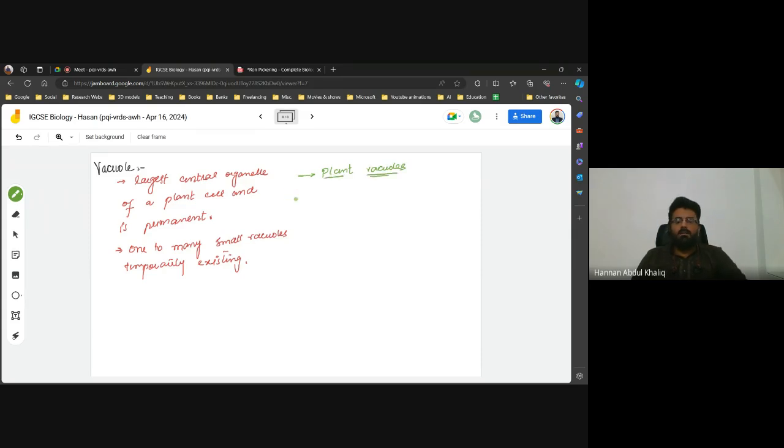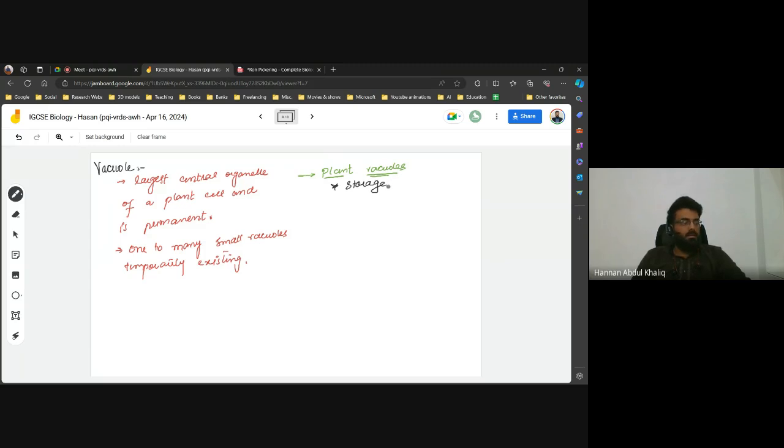As I have told you, they are the largest and they are central. Most of the function of the plant vacuole is storage based.